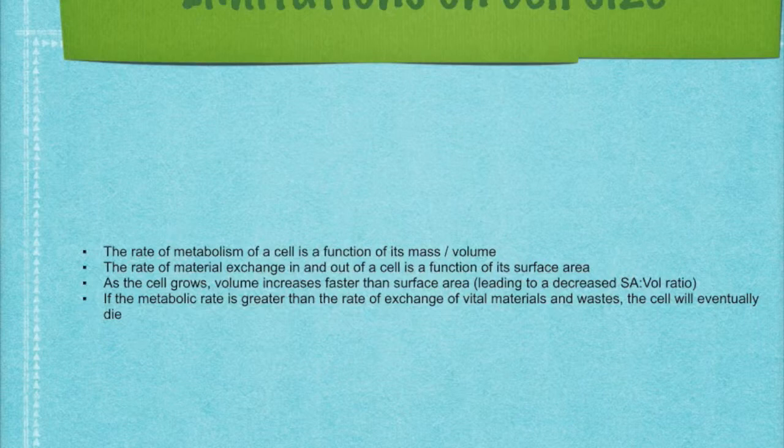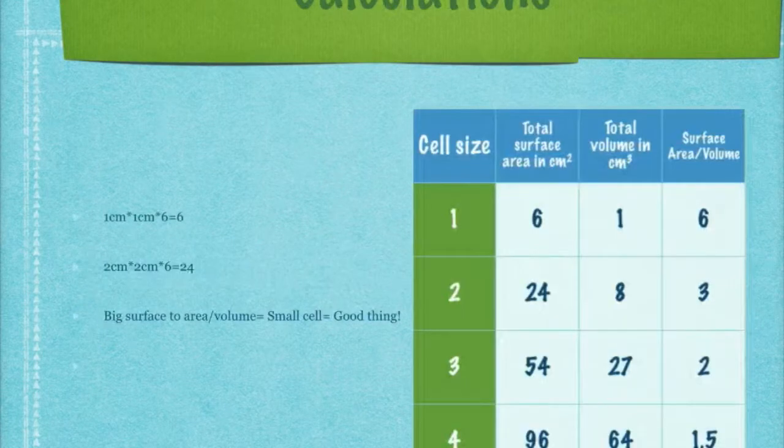And if we go to this slide, which is the calculations, we can calculate and see the relationship between the total surface area and the total volume. So we start with this example. Sorry, it should have said cell size in centimeters.